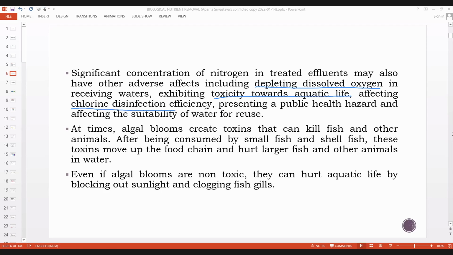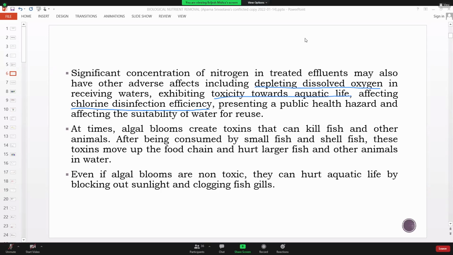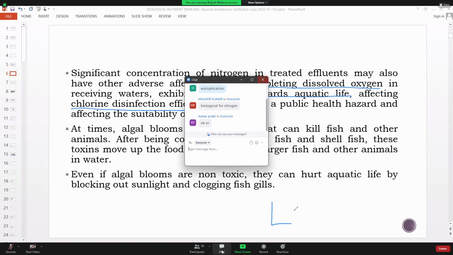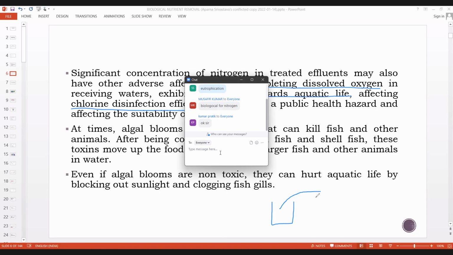Chlorine disinfection efficiency. Can anybody explain what will happen if ammonia is present in sewage or any water? Technically, what will happen if water has ammonia and you are going to do disinfection?